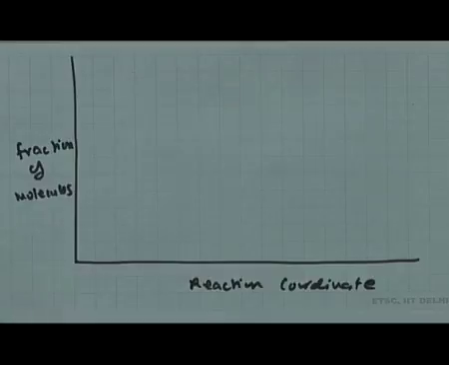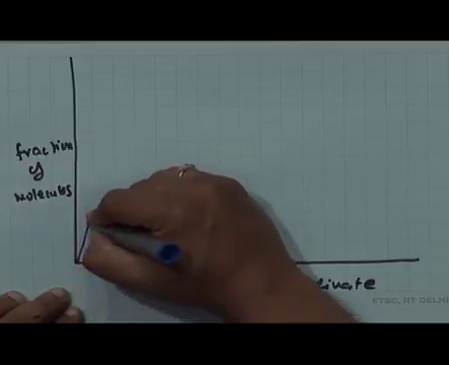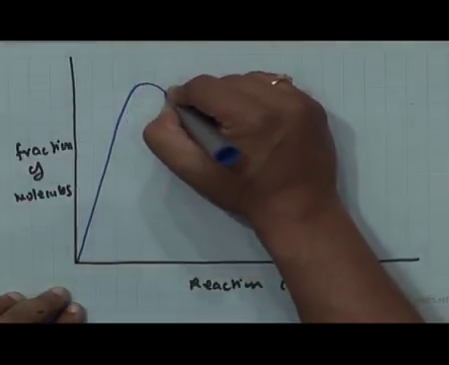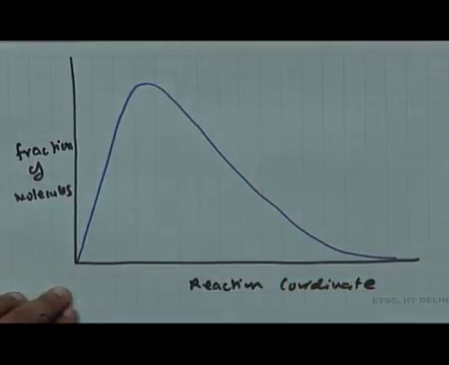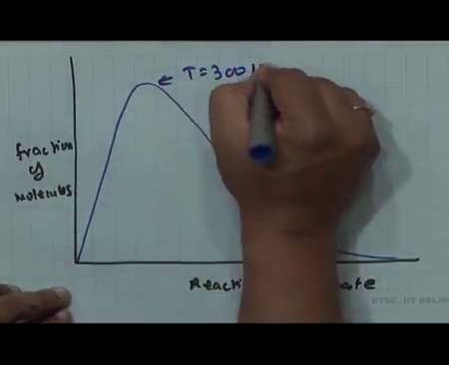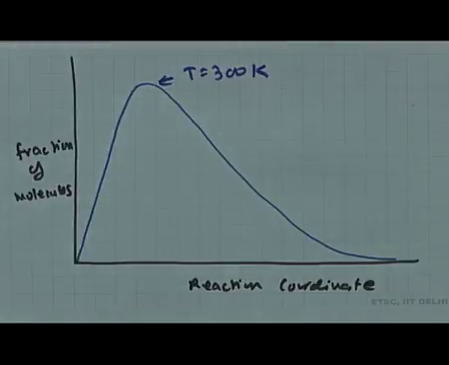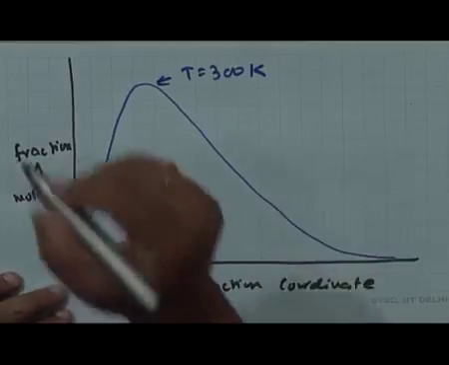Now, let us take two temperatures, and it does not matter what temperatures they are as long as the two temperatures are different. So, for example, let us take a temperature which is a distribution like this. Let this temperature be T equal to 300 Kelvin. Now, let us take another temperature. This time the temperature is higher than 300 Kelvin, say 600 Kelvin.